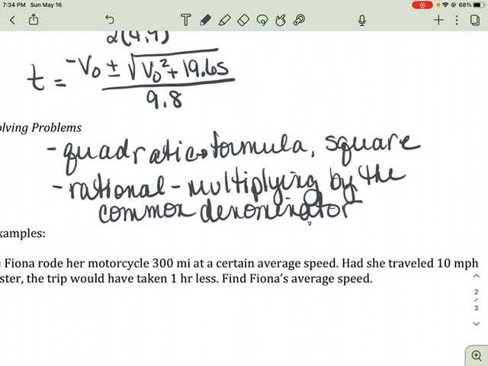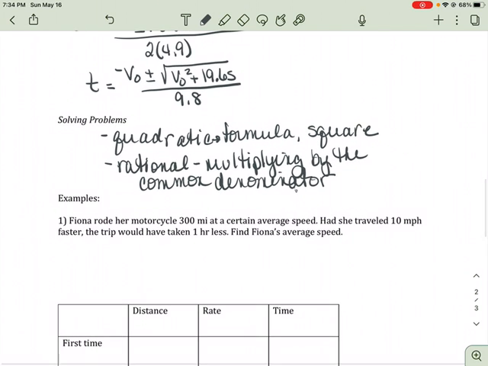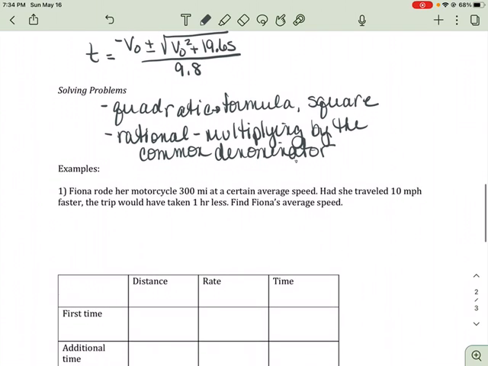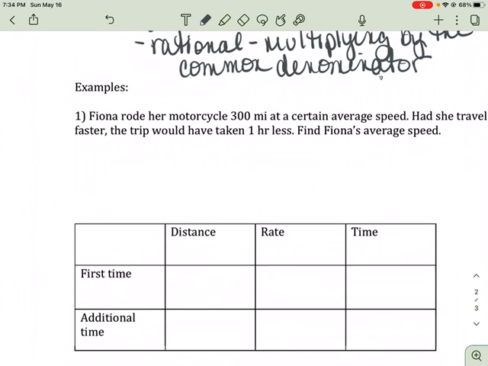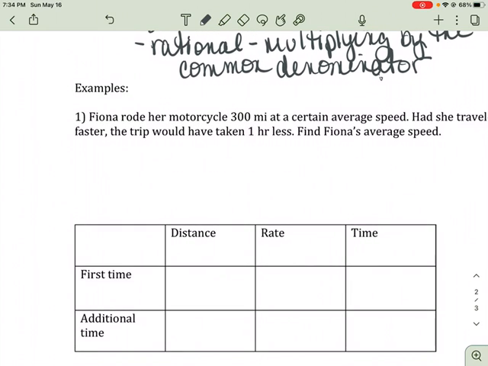All right, let's try this first one. Fiona rode her motorcycle 300 miles at a certain average speed. If she traveled 10 miles per hour faster, the trip would have taken 1 hour less. Let's find Fiona's average speed.